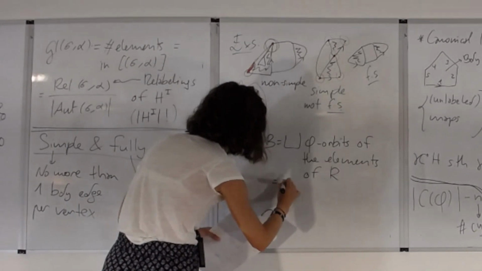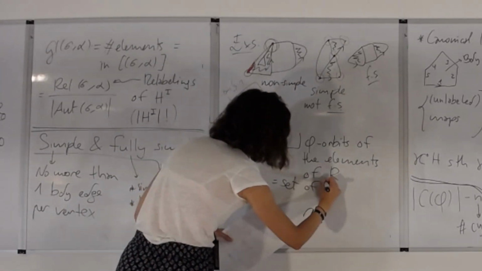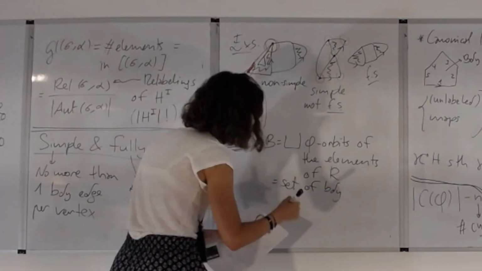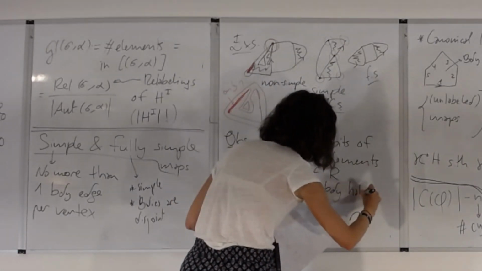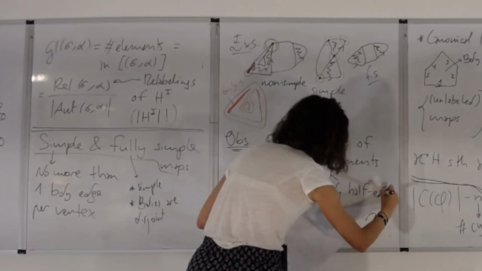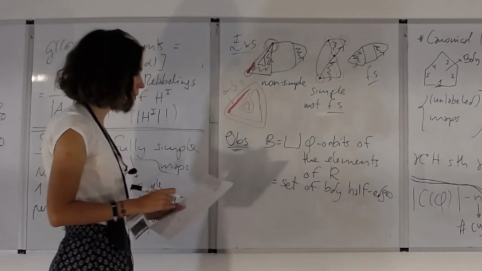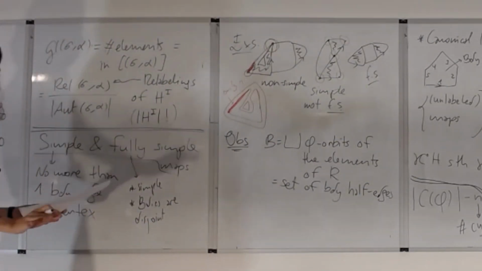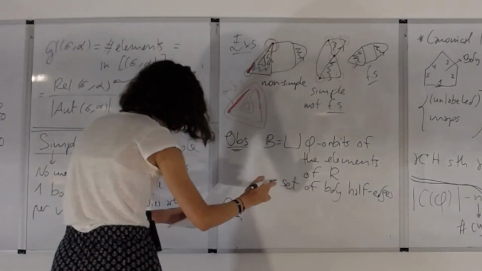This is just the set of boundary half edges, if you want to be precise. So B is just the set of boundary half edges.